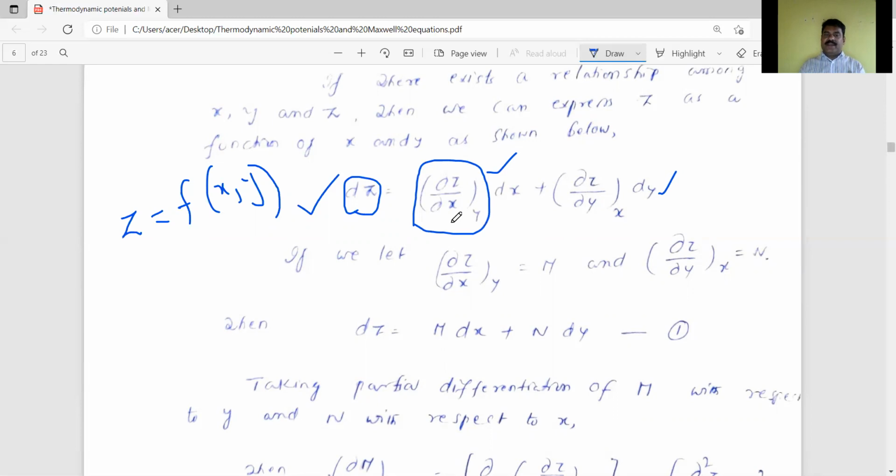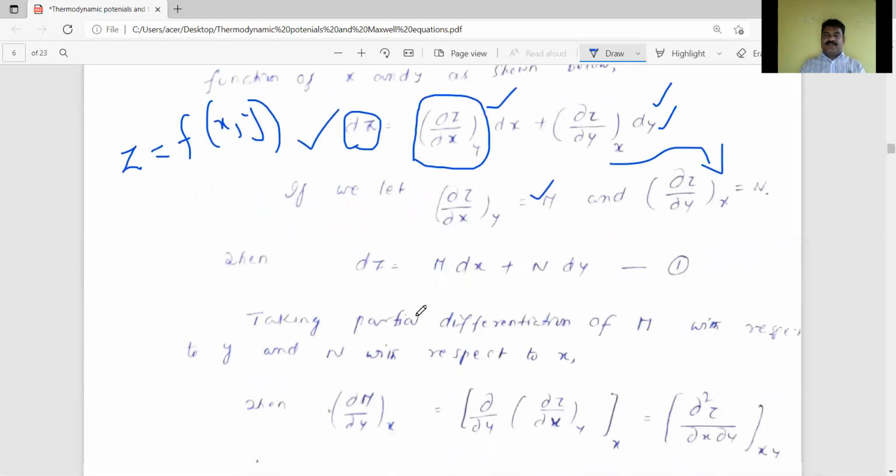∂z/∂x at y as m, and if you write ∂z/∂y at x as n, then this relation can be written as dz equal to, instead of this one, we can substitute m, and we have dx here. dz equal to m dx.